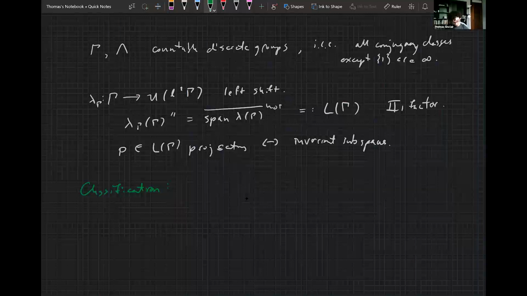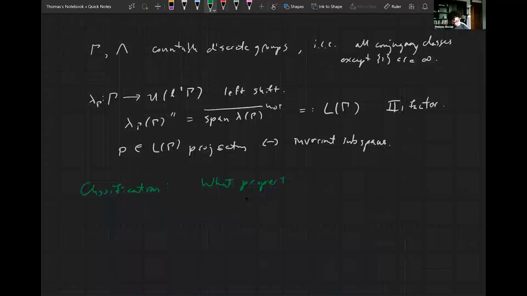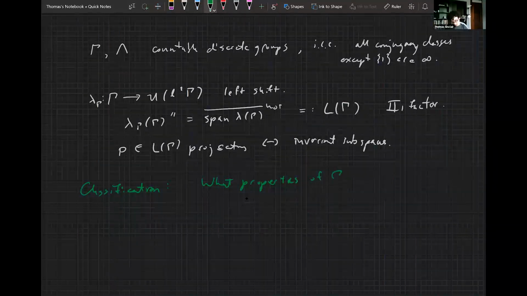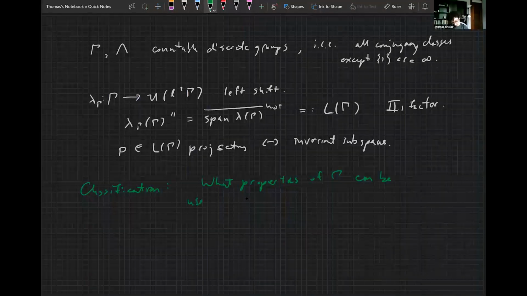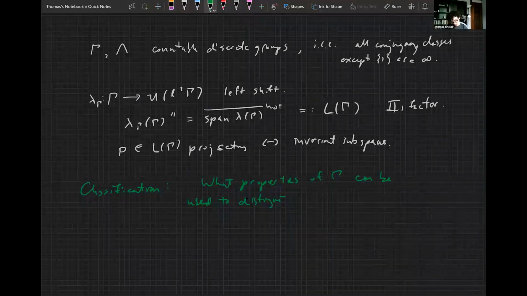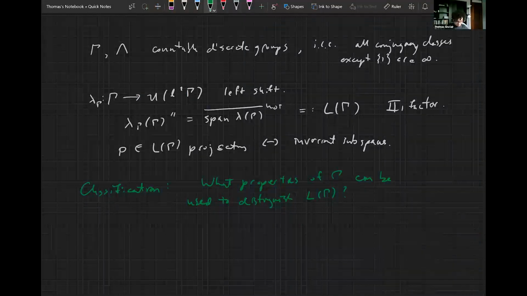So what properties of the group can be used to distinguish the group von Neumann algebra?